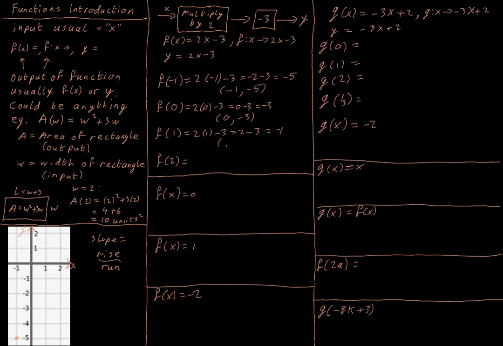So I end up with a coordinate of 1, -1. And f of 2 means a 2 goes anywhere there was an x. So I have 4 minus 3, which gives me 1, which gives me 2, 1.